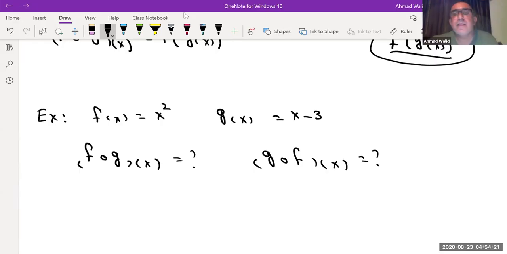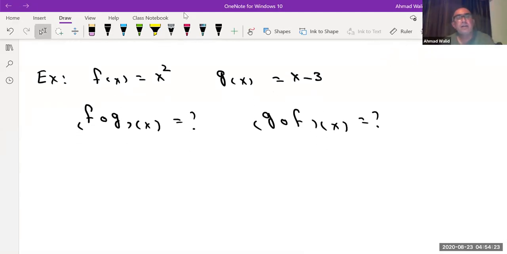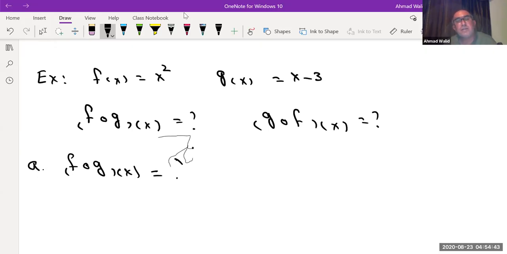Right? Let's start with the first one, A. I will look for the f of g of x. What does it mean, f of g of x? I should note the translation. F is outside because it's written first. F, parentheses, g of x goes inside.